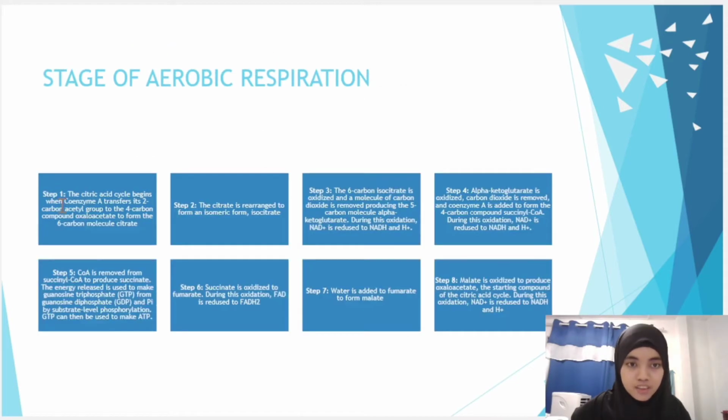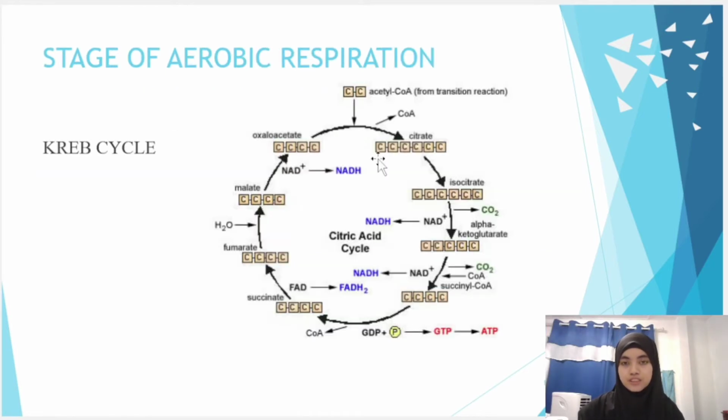The first step: the citric acid cycle begins when coenzyme A transfers its 2-carbon acetyl group to the 4-carbon compound oxaloacetate to form the 6-carbon molecule citrate.